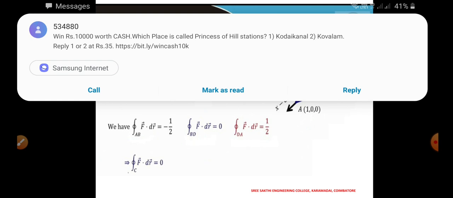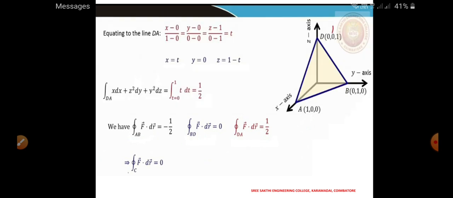Here is minus t squared, and the t squared from here will cancel out. We will get 1 minus 2t, and that value will be 0 when we integrate this. So along this BD, the value of the integral is 0.